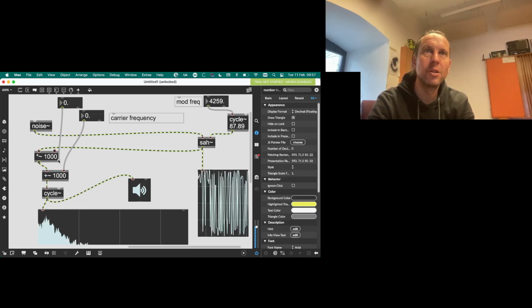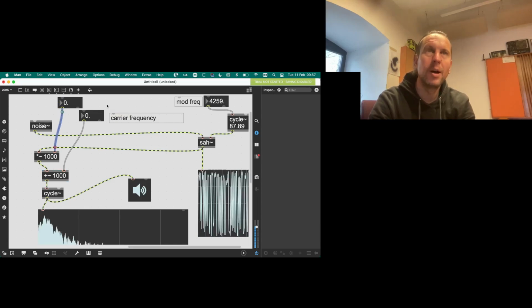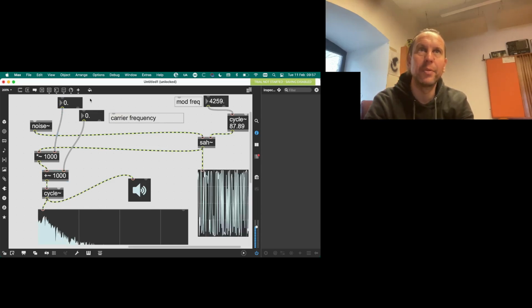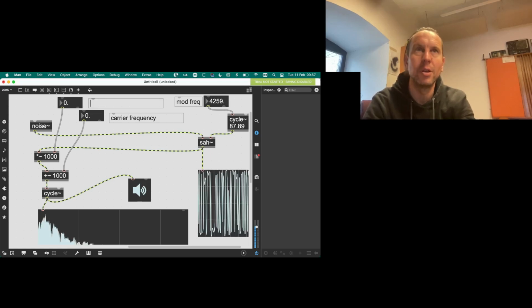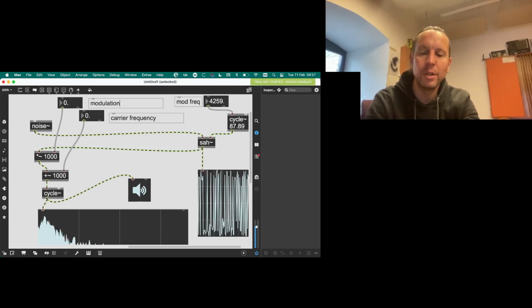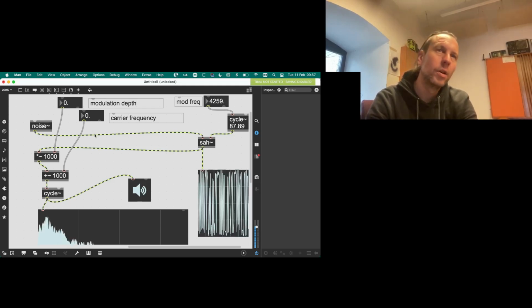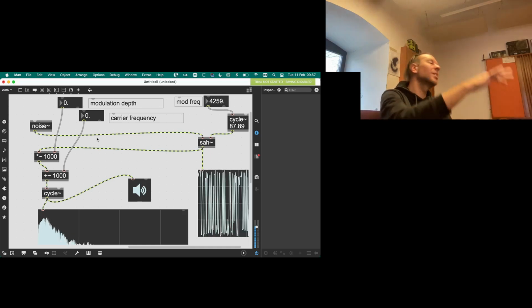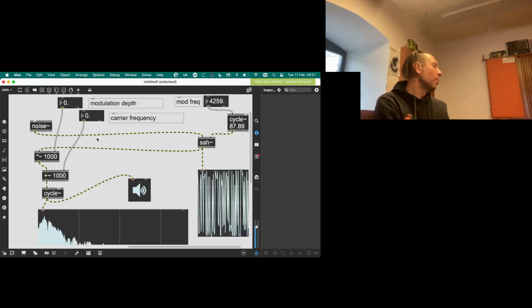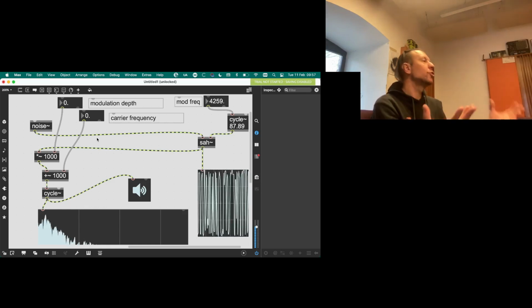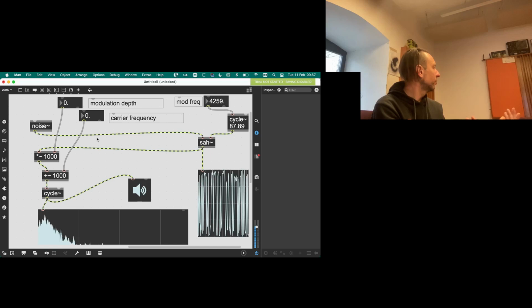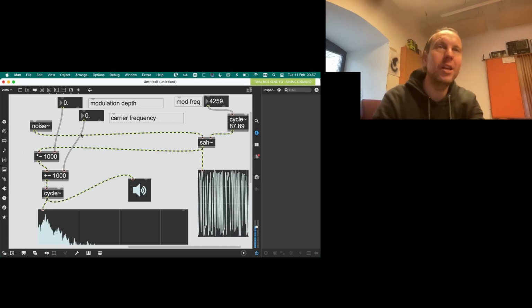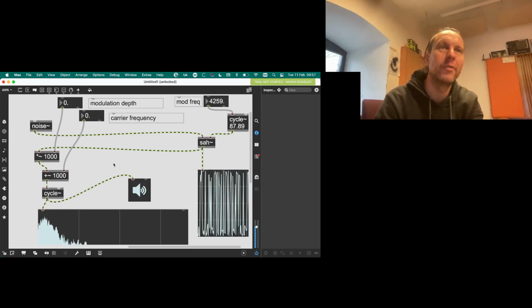which is my modulator depth, or modulation depth, I should say. Modulation depth. Okay, so the depth here, obviously you understand the depth, it's actually the scale. But if you think about how much it modulates, it's kind of depth, right? So if I have 1000 here, I have a lot of modulation.